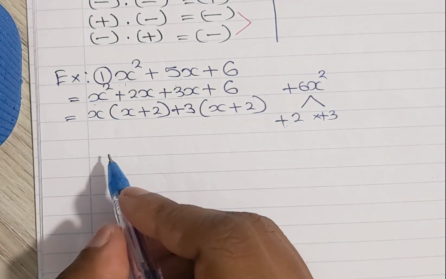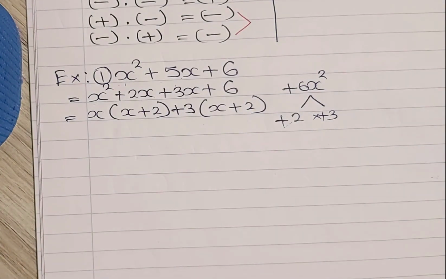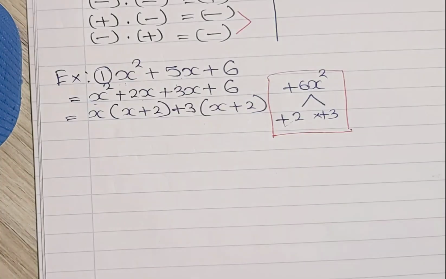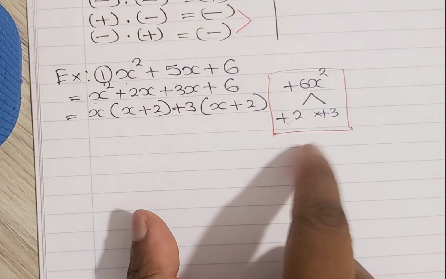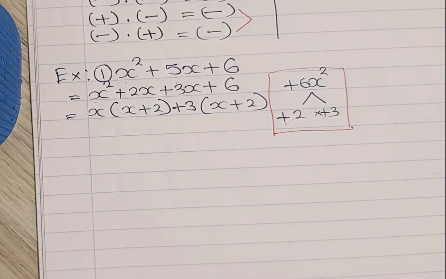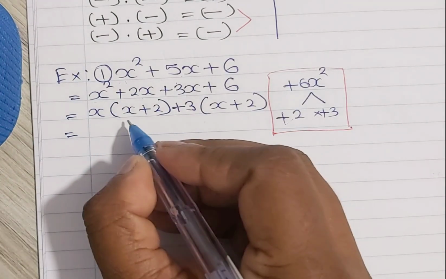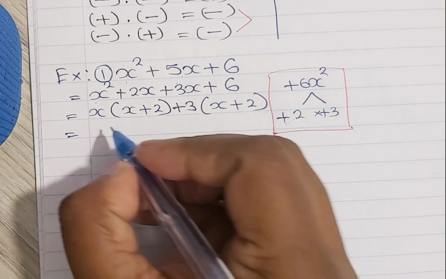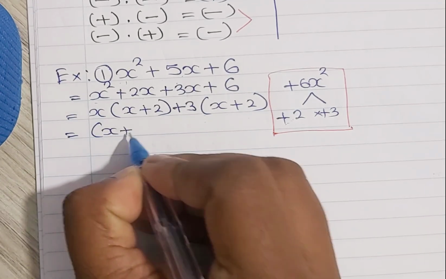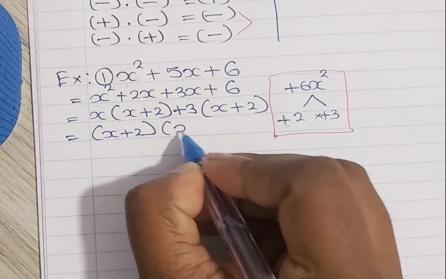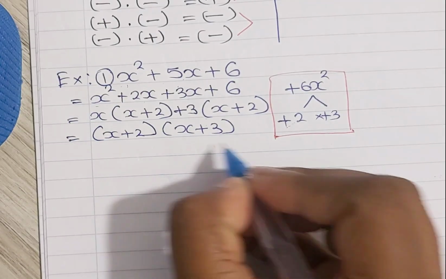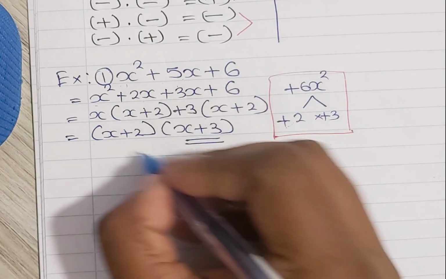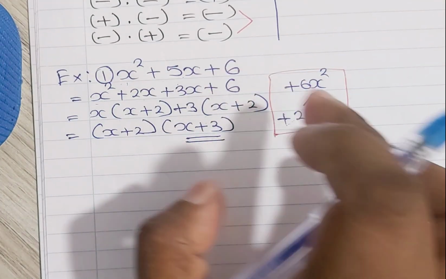This is a very important part when factorizing a trinomial quadratic expression. You can see x plus 2 is common in both, so you take x plus 2 as the common factor, and the remaining x plus 3 is inside the bracket. This is the way you factorize this quadratic expression.